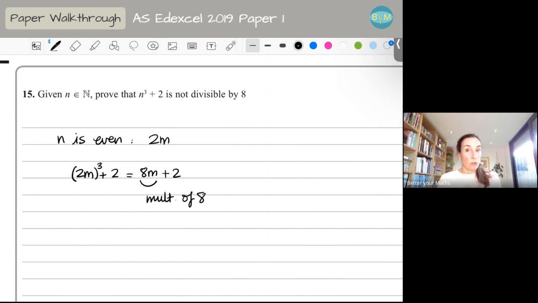If I add 2 to a multiple of 8, it's not going to be a multiple of 8, because the multiples of 8 come every 8 numbers. So if I add 1, 2, 3, up to 7, it's not going to be a multiple of 8. The next multiple of 8 would be 8m cubed plus 8. So 8m cubed is a multiple of 8, therefore 8m cubed plus 2 is not. This is when n is even.